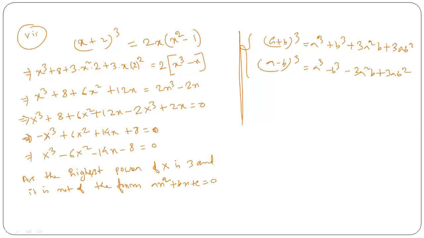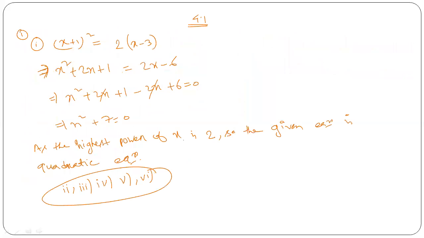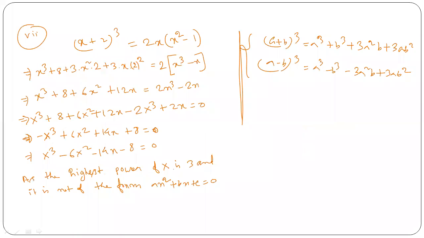In the previous question also, you can write this one as the highest power of x is 2, and it is of the form ax² + bx + c = 0. Clear, all of you? Okay. You can write one additional line.